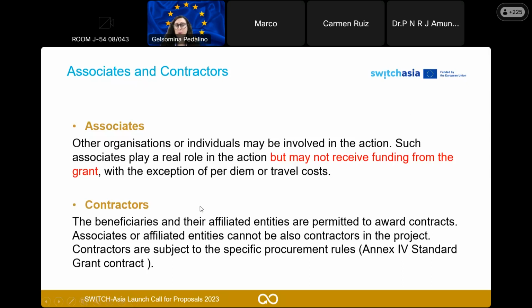Same thing for the contractors. The beneficiaries and their affiliated entities are allowed to award contracts. Associates or affiliated entities cannot also be contractors in the project because they will follow specific procurement rules. So there will be other rules to follow, and there are other procedures to be respected in that case.